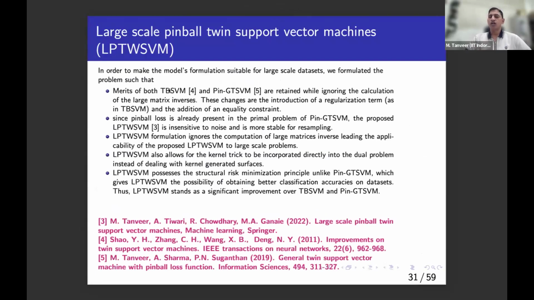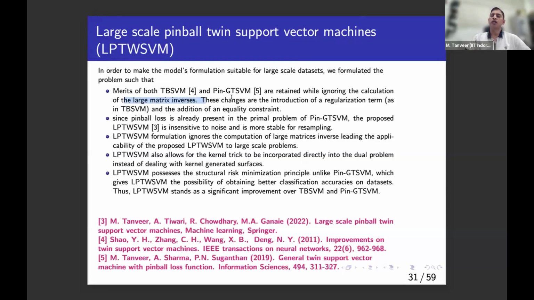As I mentioned, that is twin bounded SVM, the fourth one in the 2011 paper, and this is pin GTSVM, pinball for the twin SVM. The properties of those algorithms are retained while ignoring the calculation of the large matrix inverses.